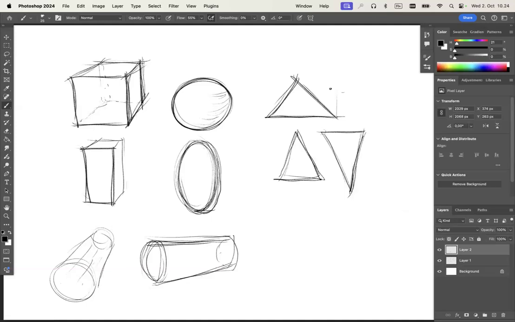Why should you draw these basic shapes like this? But it starts to dawn on you at the moment when you notice that, for instance, a cylinder shape can be used for an arm or a leg, or a torso.